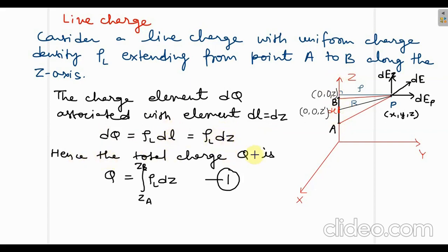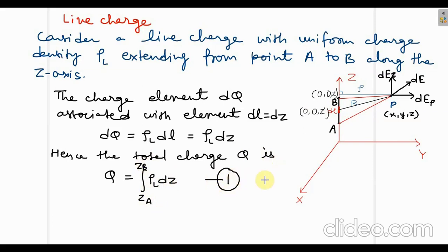How will you determine the total charge q? It can be determined by integrating dq. After integrating both sides, dq becomes q, the total charge, and rho l dz is integrated from za to zb, since the line charge extends from A to B. So far we have discussed up to this point.